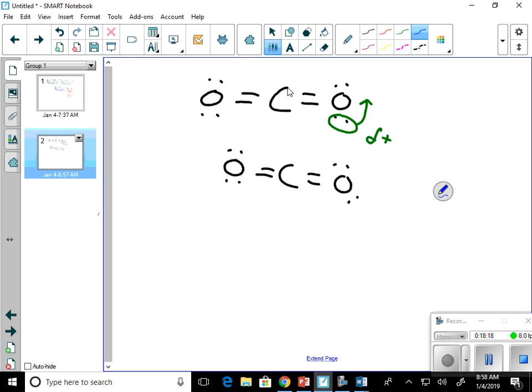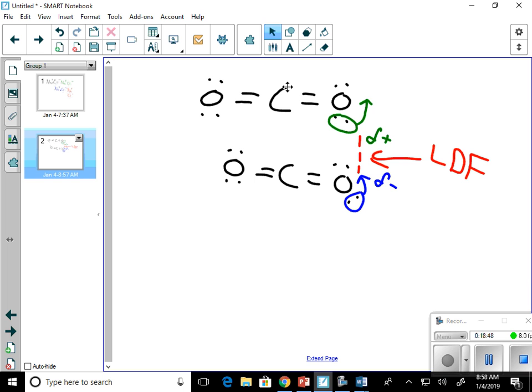Then let's say these electrons, due to random motion, all of a sudden come up a little bit on the neighboring one. That makes this oxygen now a little bit partial negative. It creates a temporary dipole, a region that is for a little bit partial positive and a little bit partial negative. But now we have opposite charges. That's our London dispersion force.